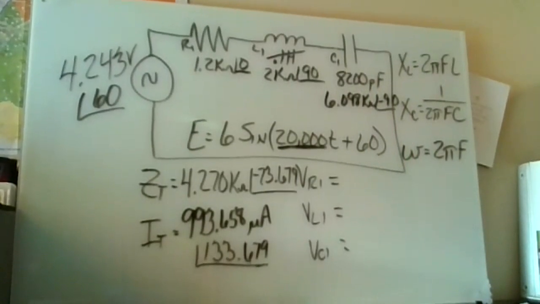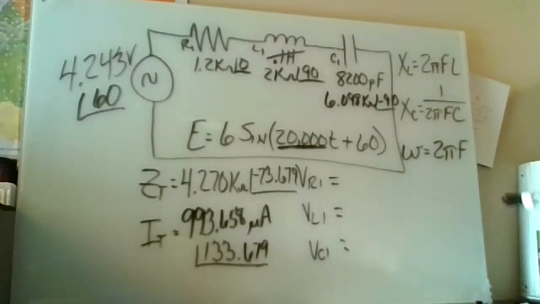Yeah, that's what I was doing. I stored the I total and then multiplied it. Exactly. You can do it either way. I don't care which way you do it. Numbers might vary just a little bit from mine if you don't use the voltage divider rule, depending on how many numbers you went out to.